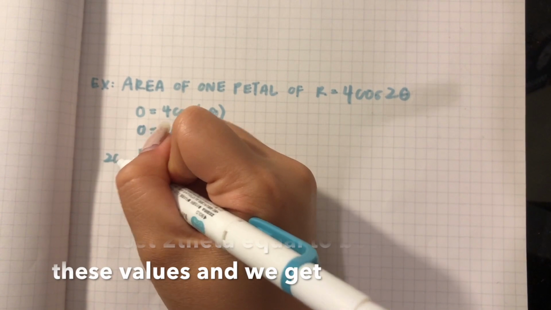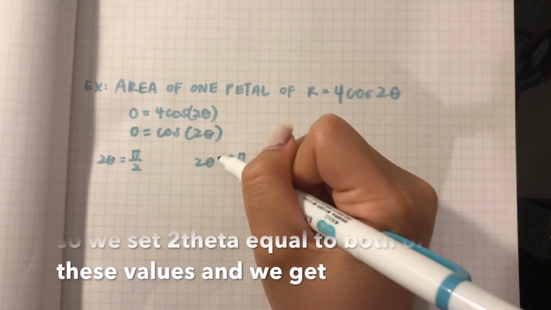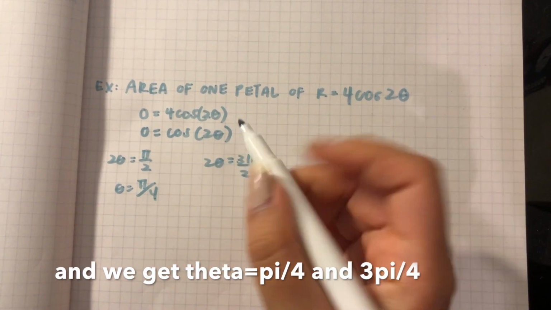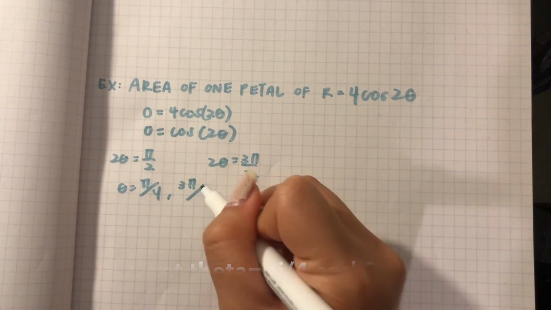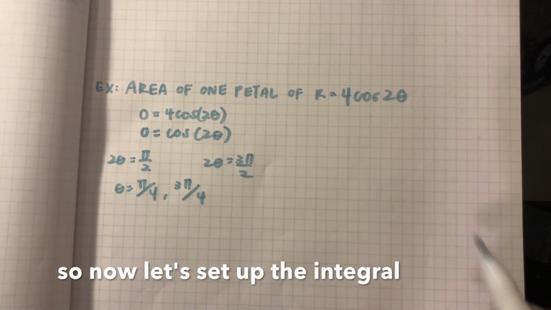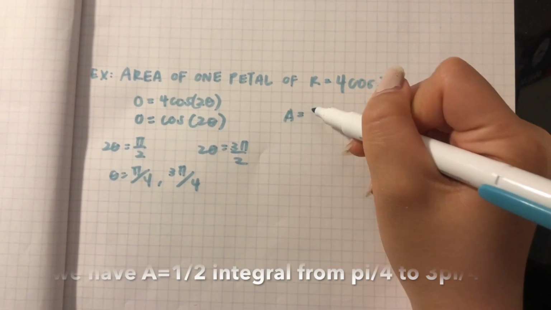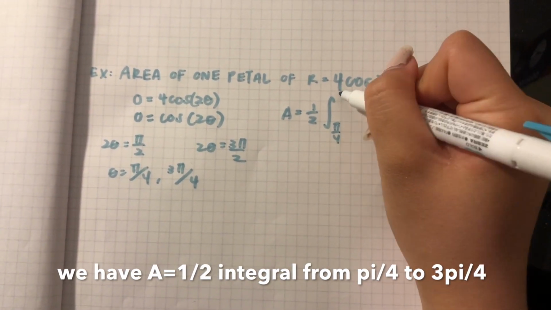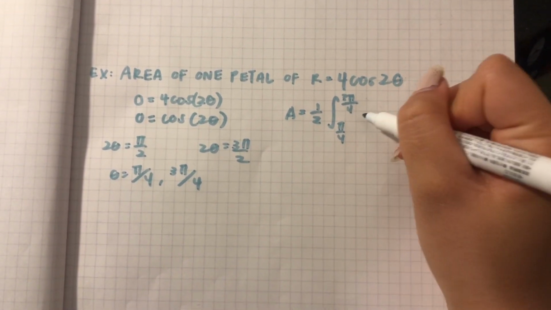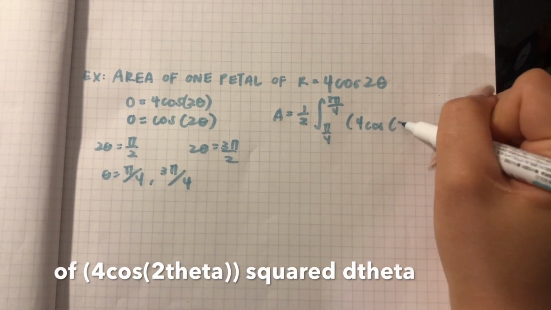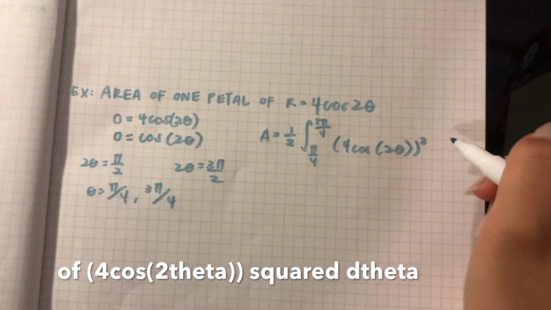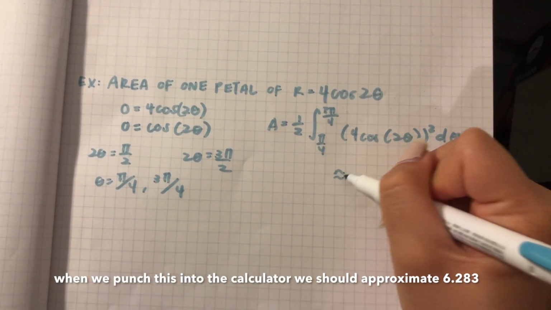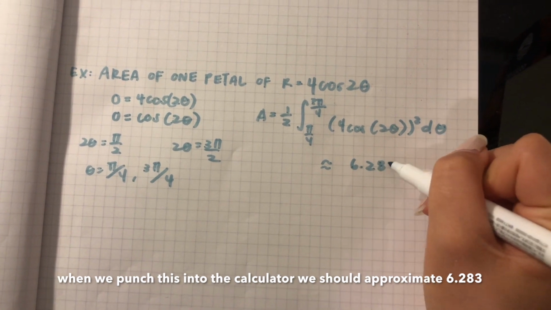So we set 2 theta equal to both of these values, and we get theta equals pi over 4 and 3 pi over 4. So now let's set up the integral. So we have A equals 1/2 integral from pi over 4 to 3 pi over 4 of 4 cosine 2 theta squared d theta. When we punch this into the calculator, we should approximate 6.283.